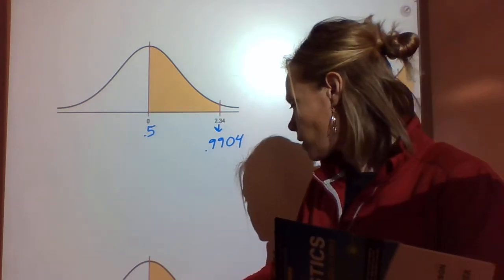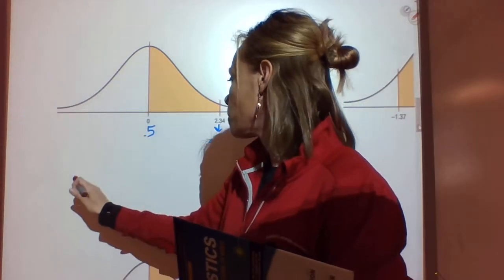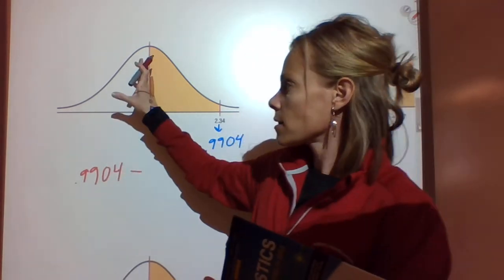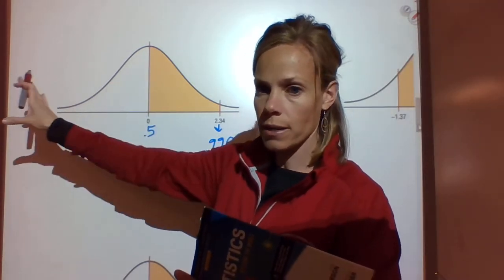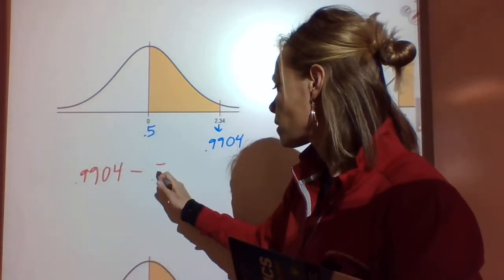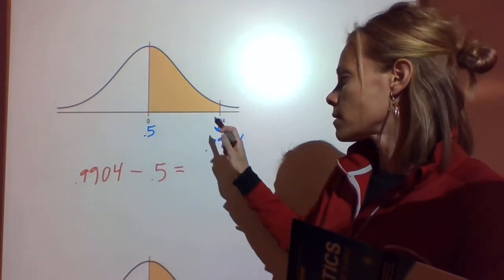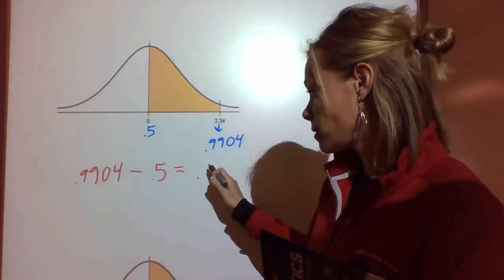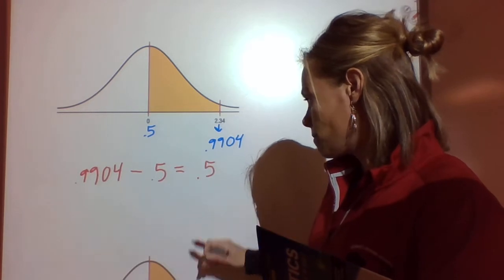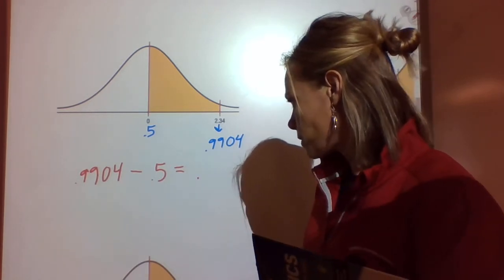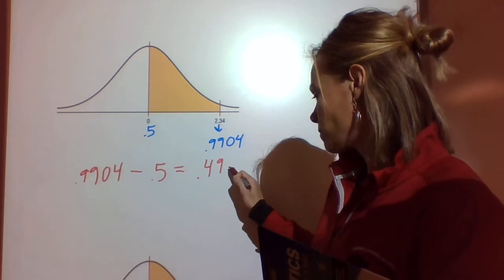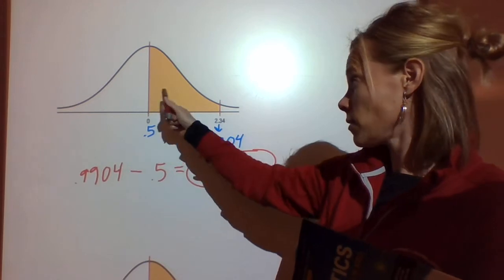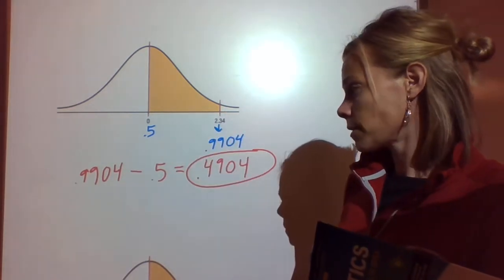So I'm going to take the whole area, 0.9904, subtract the area I don't want, this white area, which is 0.5, and that'll give me this yellow right here, which would be 0.4904. And that should make sense. This yellow area is just less than half, okay?